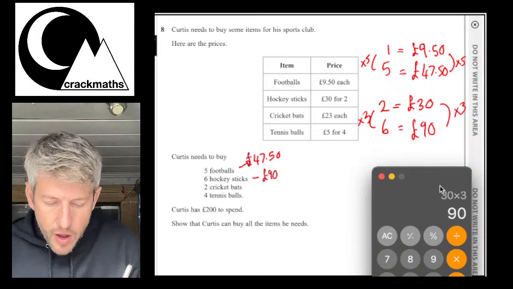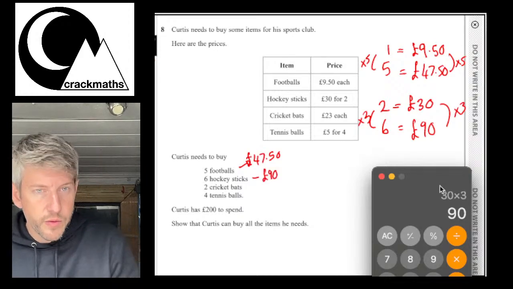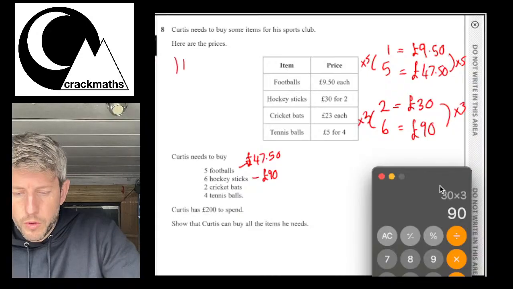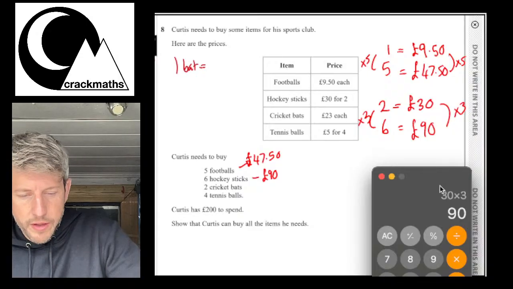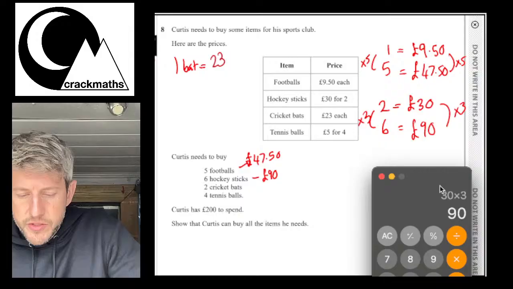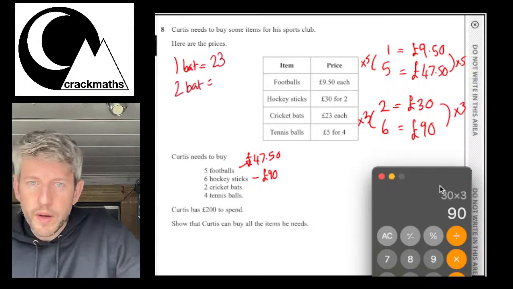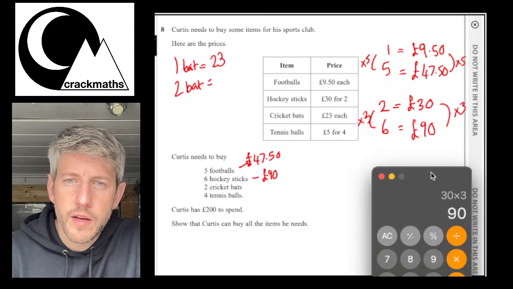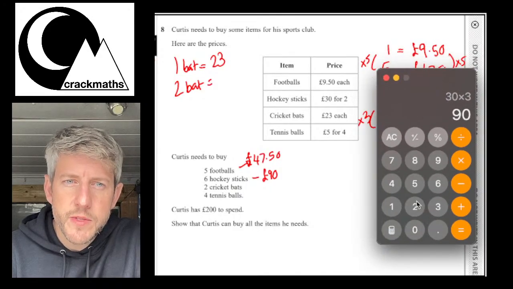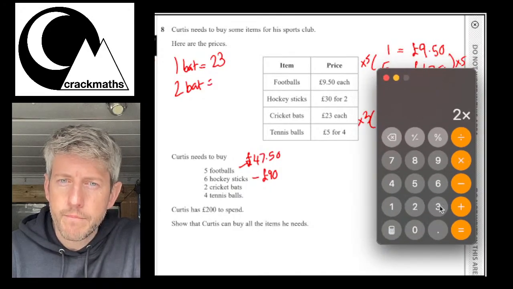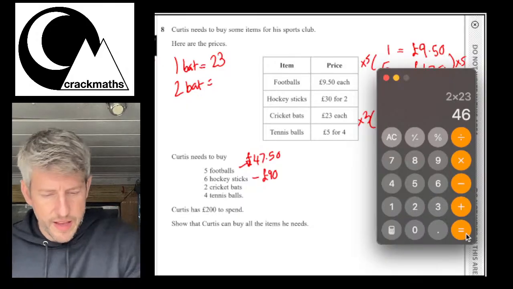Okay. Then we've got 2 cricket bats. So 1 bat equals £23. So 2 bats will equal twice that. So 2 times 23, and that's 46.